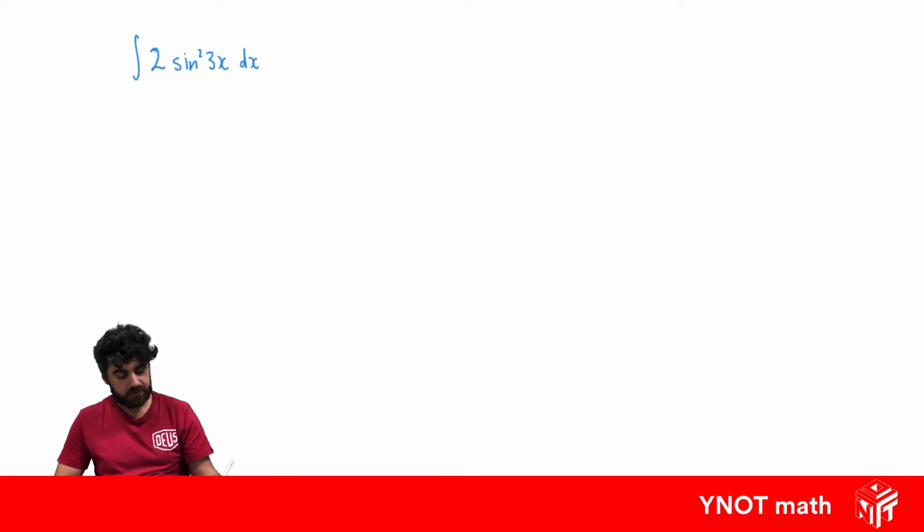But that's okay, because we know that sine squared x equals a half times 1 minus cos of 2x. And we need to recognize that if we have x here, we have double the angle here.